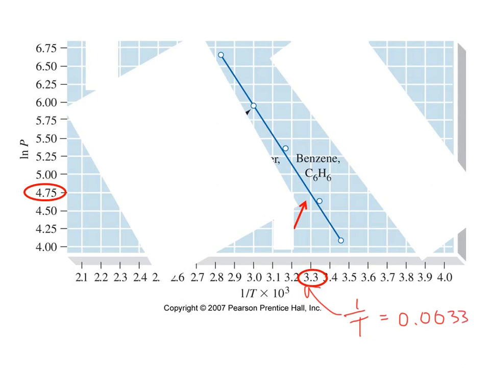Units for that, by the way, are Kelvin to the -1. So this 3.3 really is 0.0033. I kind of understand how they did this, because that's a hard number to put there, so they packed it up this way.